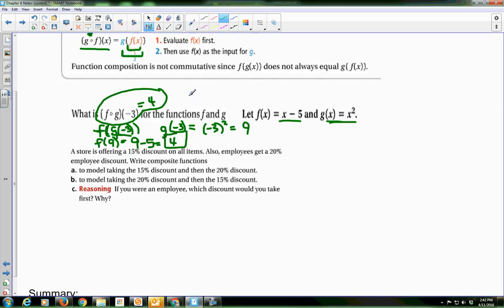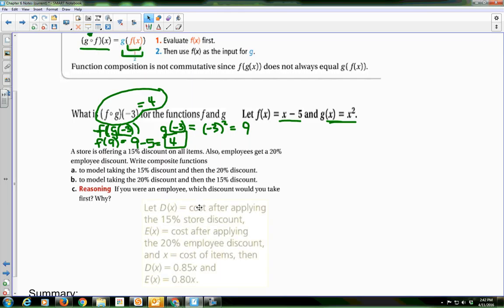Okay, so let's take a moment and see how this can apply to a word problem. A store is offering a 15% discount on all items. Also, employees get a 20% discount. Write a composite function. The first thing we do is let d of x be the cost after applying the store's 15% discount.